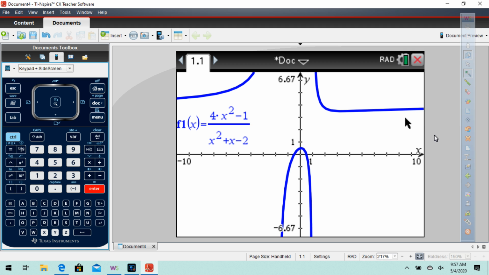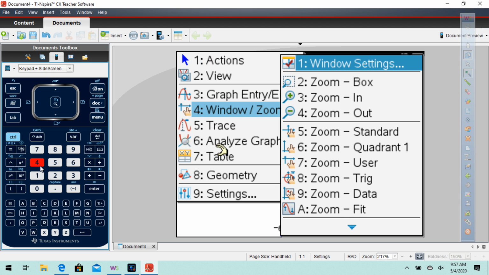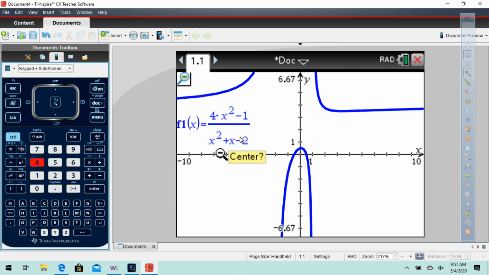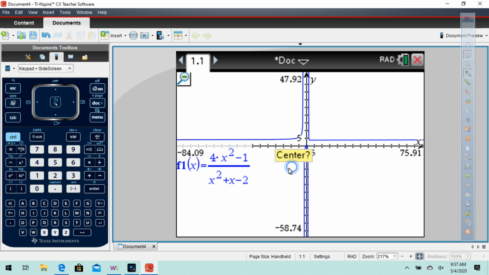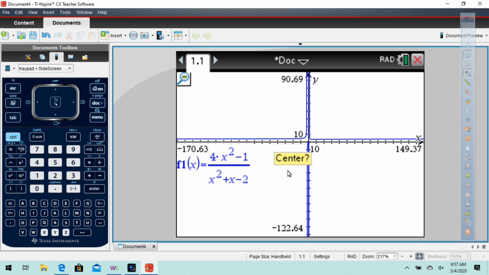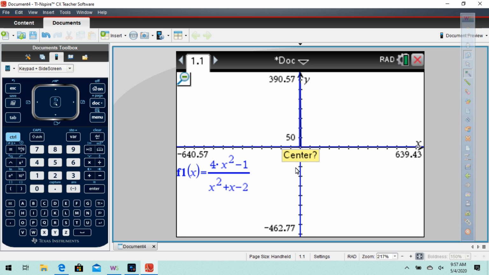So as x approaches positive infinity, actually in menu 4, and let's zoom out, see what it looks like. Notice how now it looks like a straight line. It's getting closer and closer to 0 both ways.